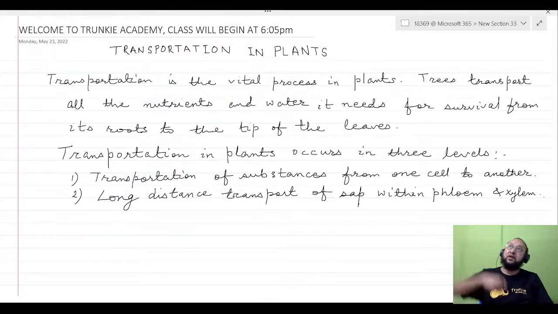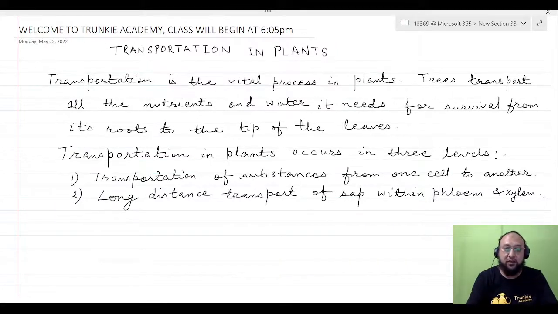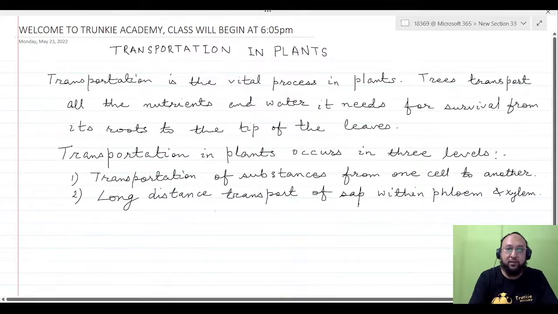For long distance, there is vascular tissue, a tube-like structure, or you can say specialized tissue for the conduction of water and minerals, or sap. And what is sap? Sap is the water with dissolved minerals. So cell sap, or sap, is the water plus dissolved minerals.